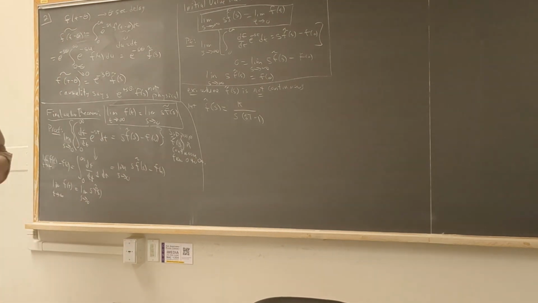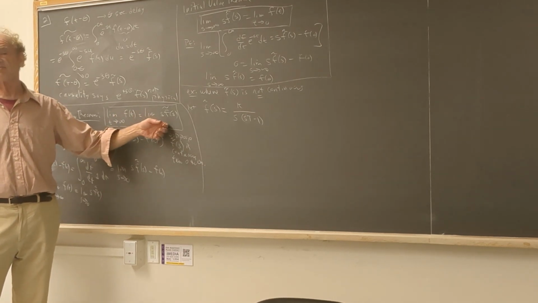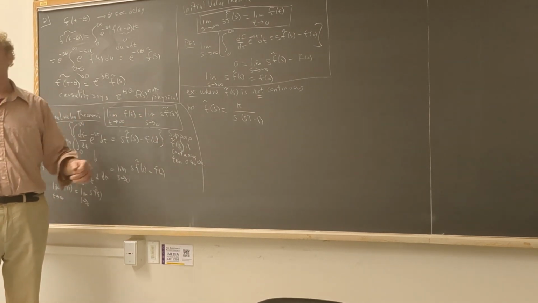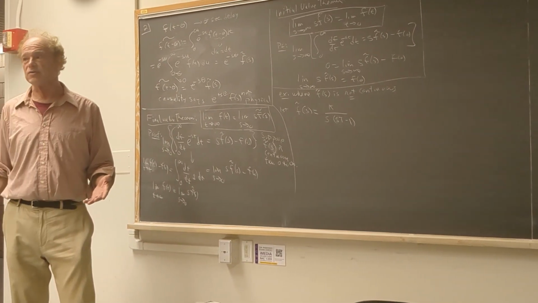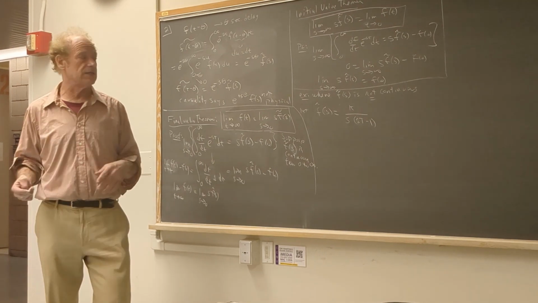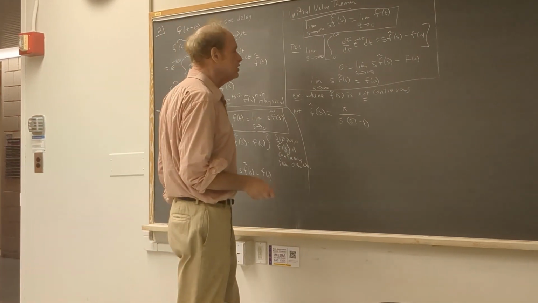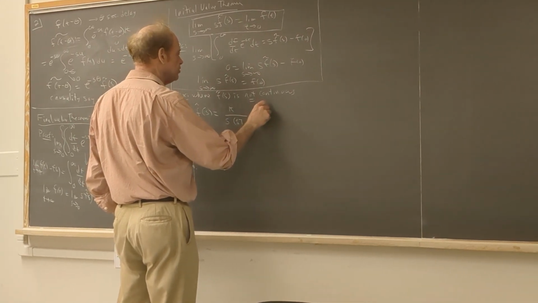And why is that a problem? Because if you actually look at the inversion formula, which I didn't write down, it involves an integral of f tilde. And the integral of f tilde won't exist if f tilde is infinite somewhere. If it blows up, it's likely not to exist. So let's notice that if I invert this, just do the direct inversion.